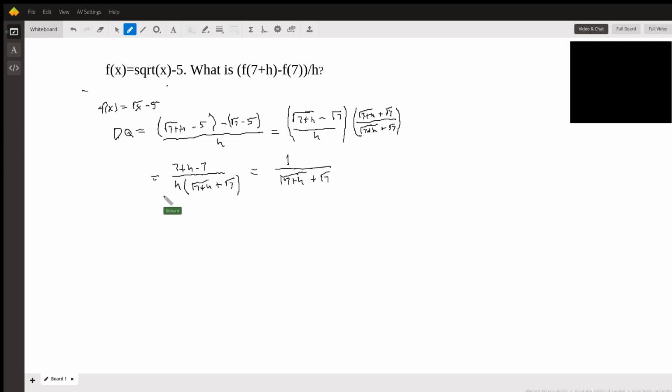Most people at this stage will be shown, or it'll be shown to you if it hasn't already been, that what we're trying to find here is the first derivative of the function at 7, so f prime of 7. That's what we're really going after here. And this is just the limit as h goes to 0 of the difference quotient, so 1 over square root 7 plus h plus square root of 7.